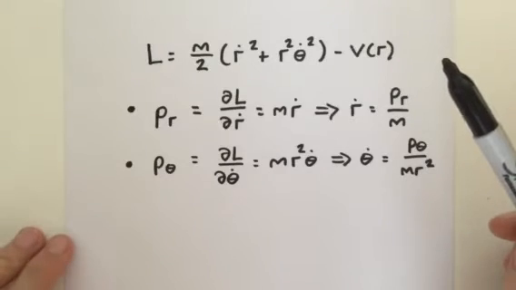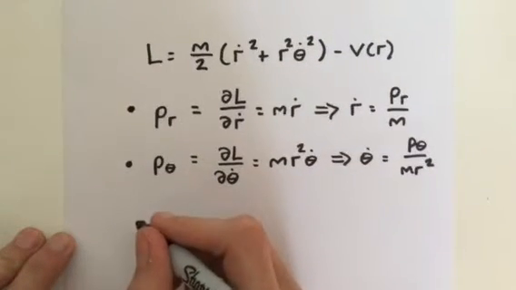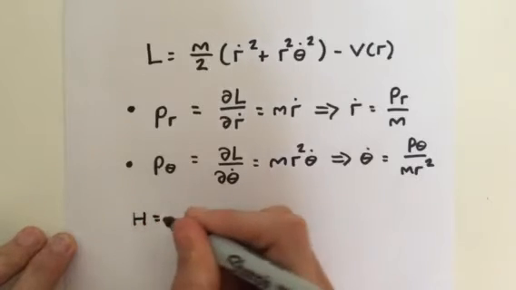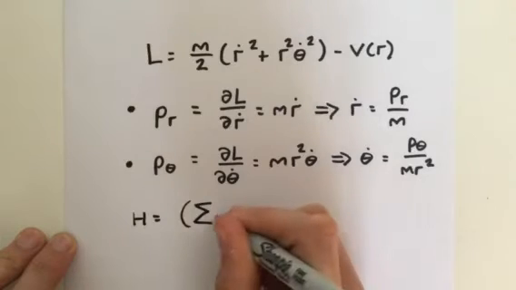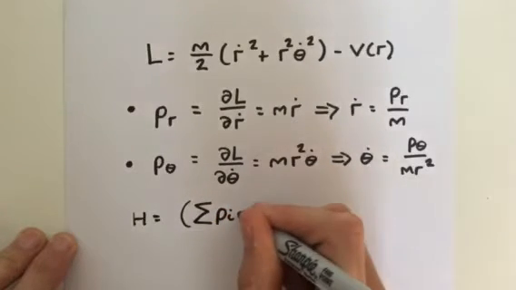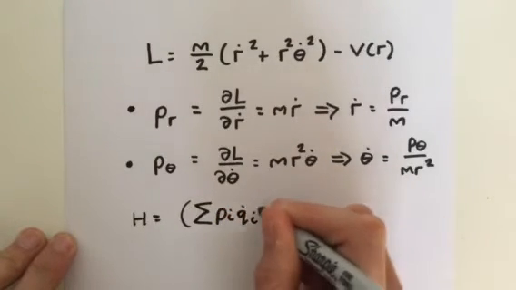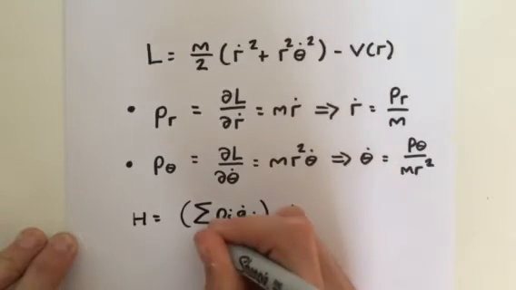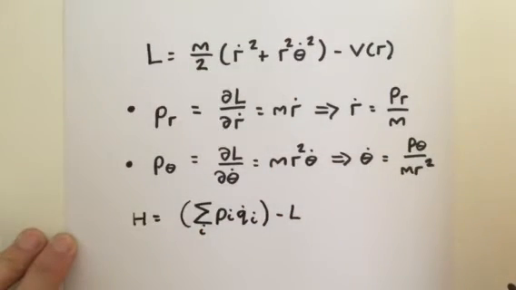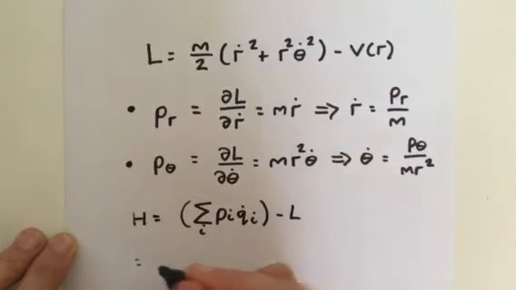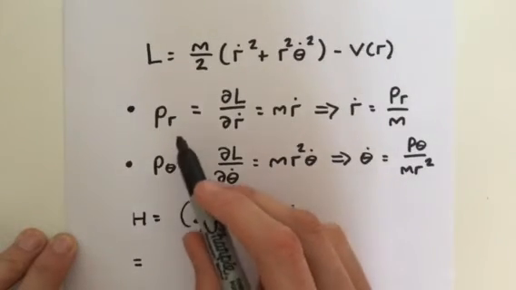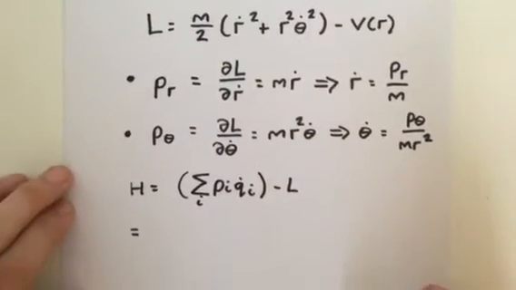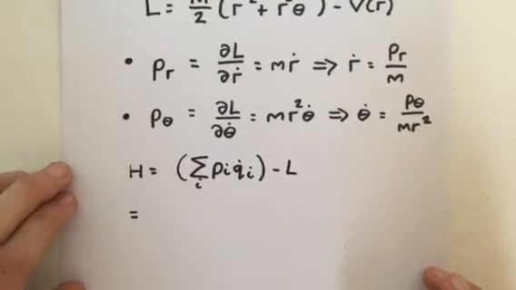So we're going to work out the Hamiltonian. The Hamiltonian is going to equal the sum of p_i q̇_i, and then we minus the Lagrangian, summing over i. We should know that by now. So what's this going to equal? We sum over i, where i is θ and r, because we're summing over our two variables.